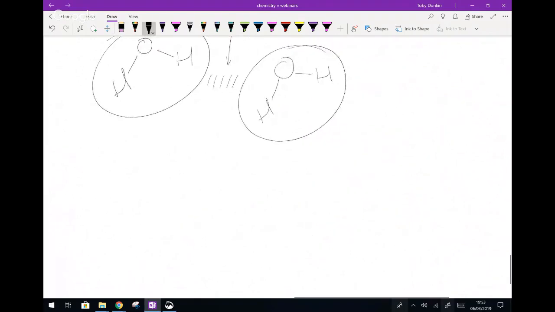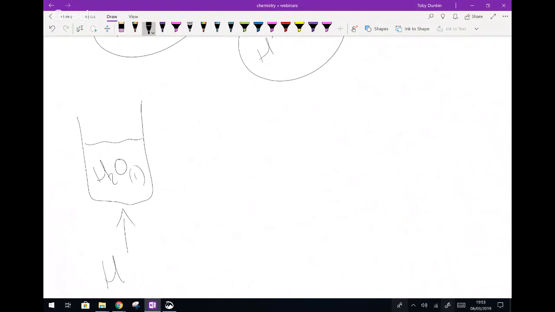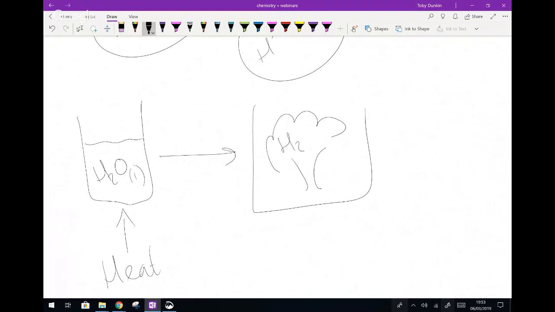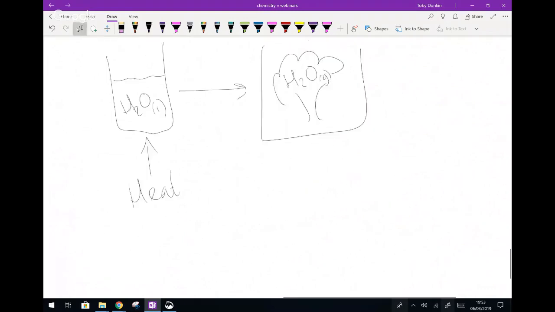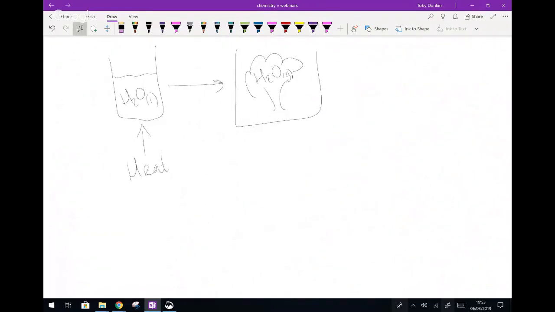So if I take H2O liquid and I add heat, what do I make? I make H2O gas. I do not break the covalence. Let's change the picture.